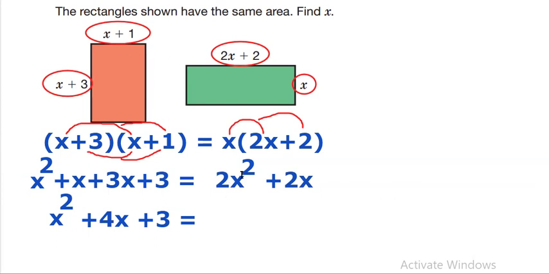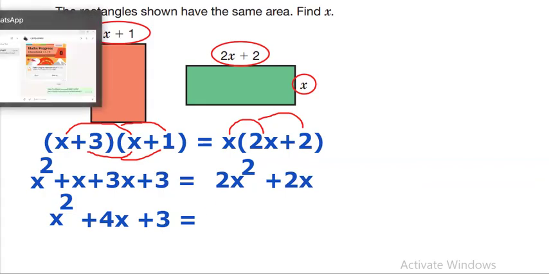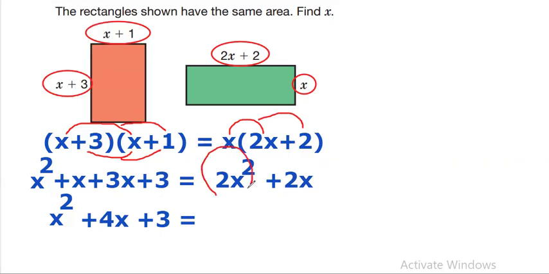I'm going to take these to this side and leave this side as 0. So I'm going to take the positive 2x that I found here to this side. Same idea with the positive 2x squared. So positive 2x squared and positive 2x, I'm going to take both of them here and change the signs.